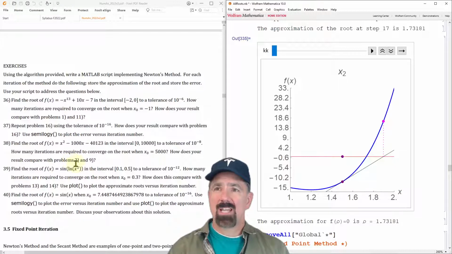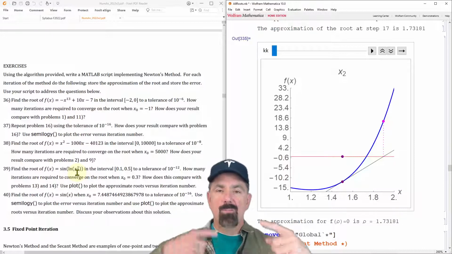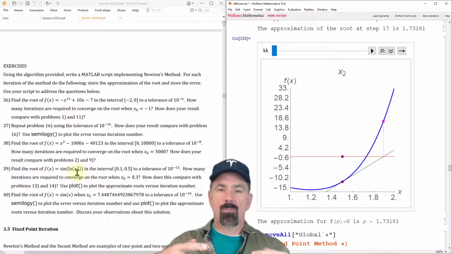We have the same issue as before with the references to the prior problems, but you'll notice the similarities. We have the negative x to the 13th problem again. We have the sine of natural log of x squared again. So it's a repetition of these different problems which you will solve using the variety of algorithms that we've discussed.